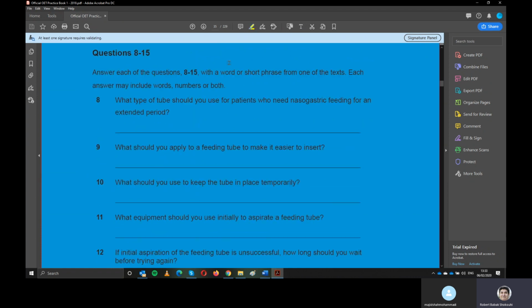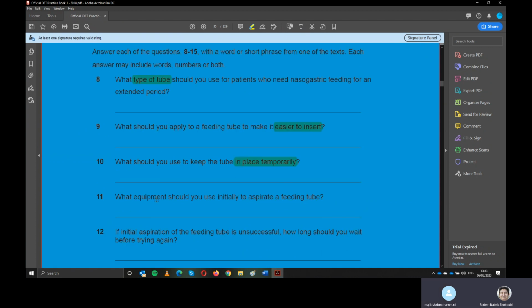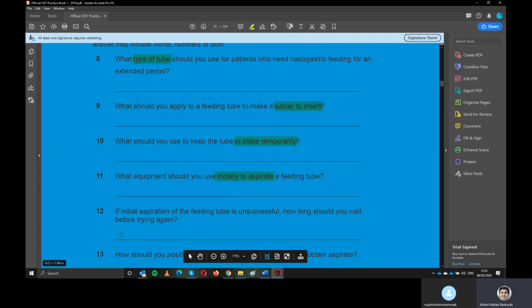Okay. So if I say what type of tube, we found it. It was fine bore. Easier to insert. Okay, what is that? Keep the tube in place temporarily. Initially to aspirate. Unsuccessful.